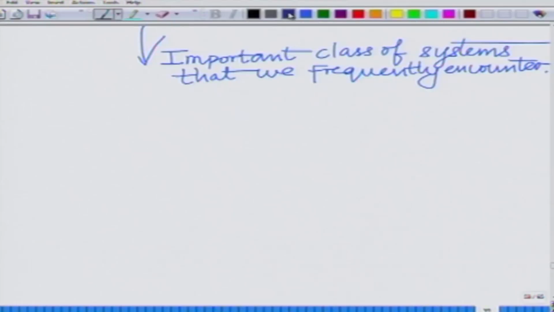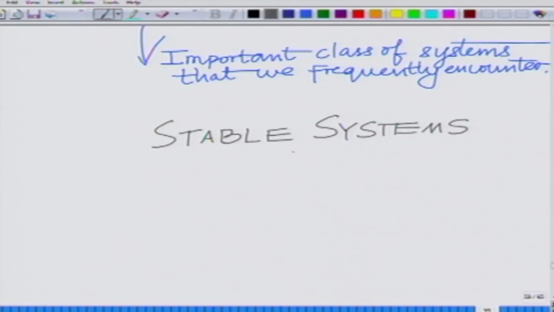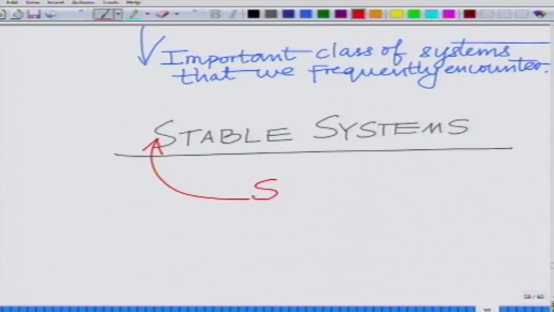And there are some other classes of systems that are also important, because these have practical implications. For instance, the first one is the class of stable systems. Naturally, we are interested in systems that are stable and not systems that are unstable or exhibit unstable behavior. From a practical perspective, we are interested in the stability of systems; that is an important property.